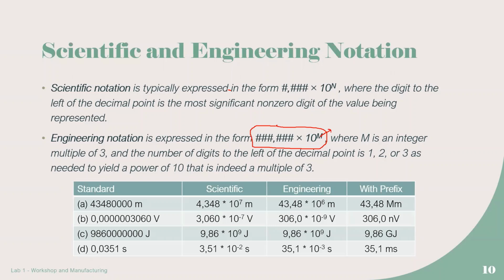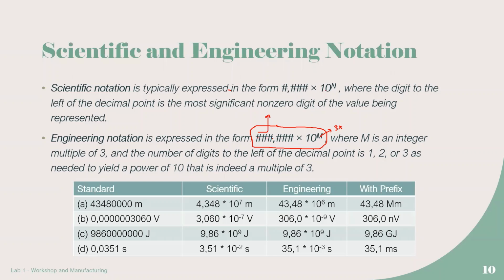Okay, this m is a multiple of 3. And in the left side here, you can have more than 1 digit. Okay, I have 1, 2, 3 digits, for example.